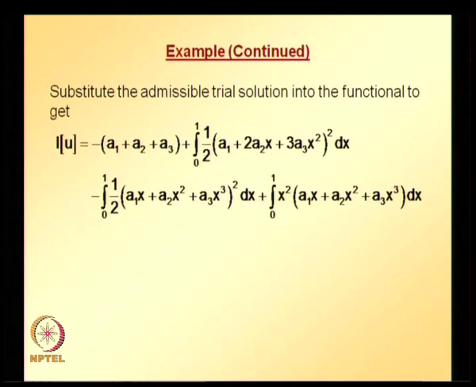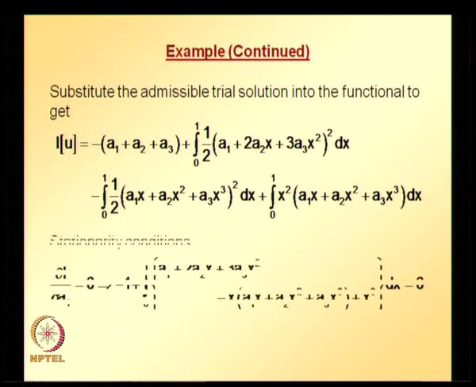Directly taking that equivalent functional, the admissible cubic trial solution is substituted in the functional which we already have. Now the functional becomes a function of a1, a2 and a3, 3 unknown coefficients. Function of function is called functional, that you just remember.